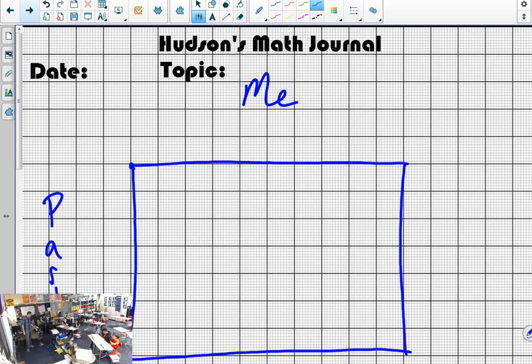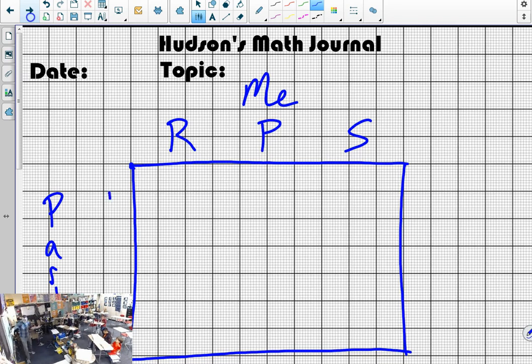If I'm playing rock, paper, scissors versus my partner, then Allie, what are my options for what I can choose to throw? I have 3 options, right? Rock or paper or scissors. My partner chooses from how many options?